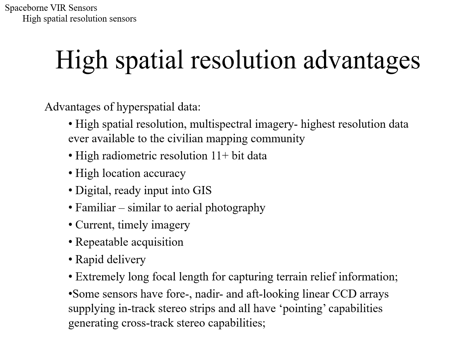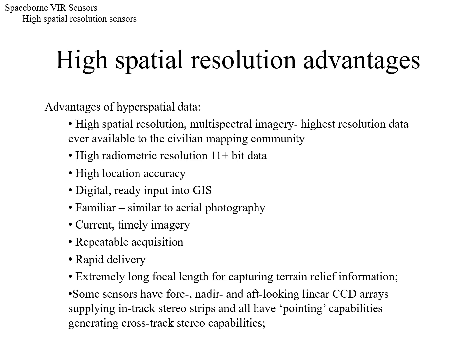So the advantages of high spatial resolution, or some people would say hyperspatial data, well, it's high spatial resolution, and it comes with multispectral imagery as well, and it's the highest resolution data ever available to the civilian mapping community. It has high radiometric resolution, so that allows you to get at differences in things like forests where they're going to be dark, and so you can really use that extra radiometric resolution.